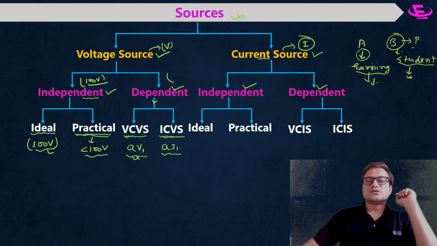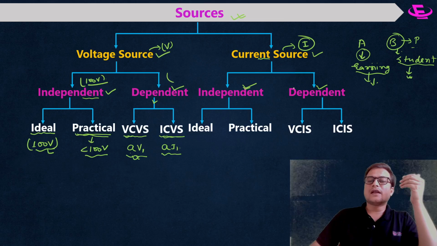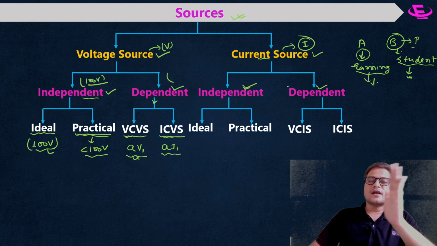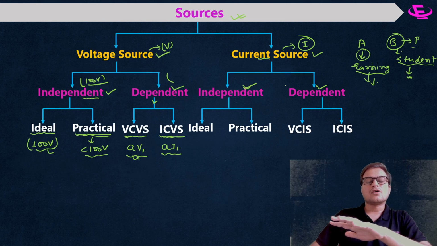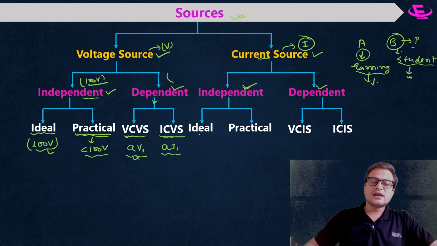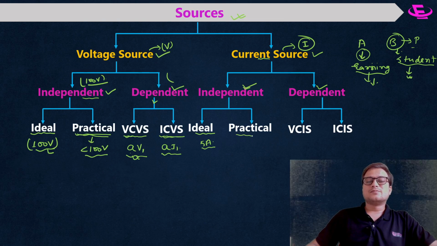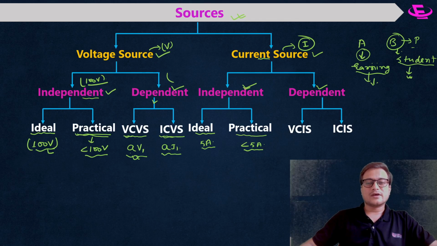Similarly, the current source will be independent current source and dependent current source. Independent means its value is fixed. Dependent means its value depends on some other branch current or voltage. Again, in independent, an ideal current source will maintain some constant current like 5 ampere, and a practical current source will have some drop in the current and its value will be less than 5 ampere.